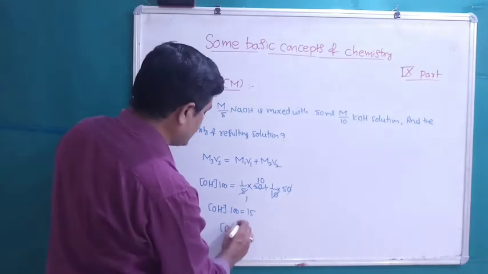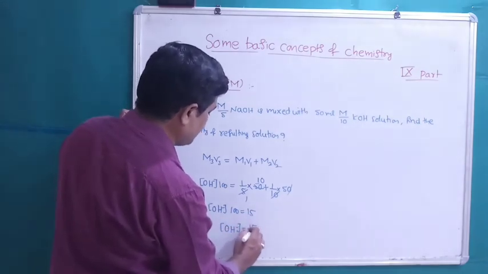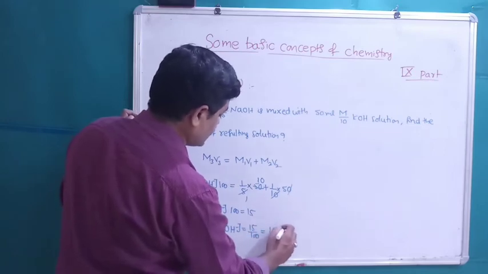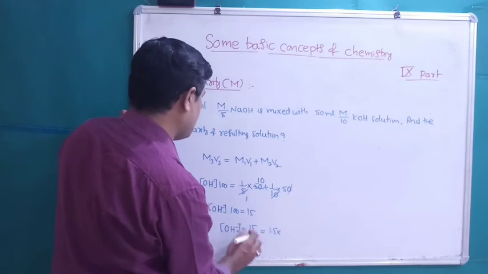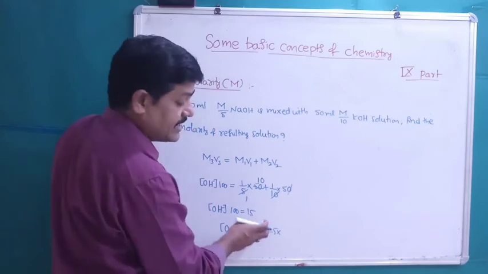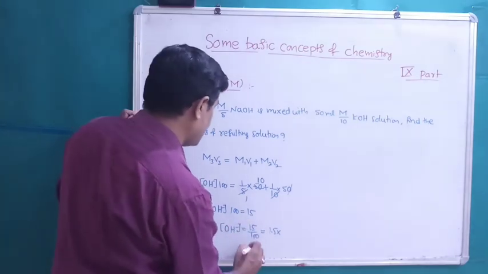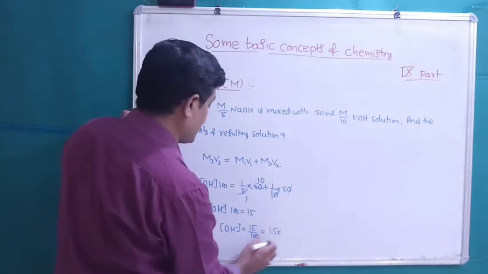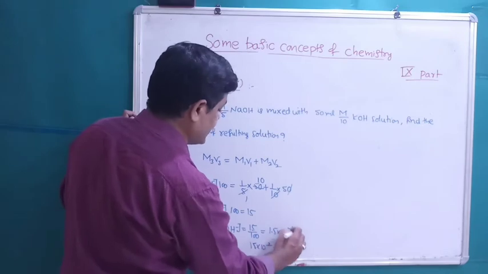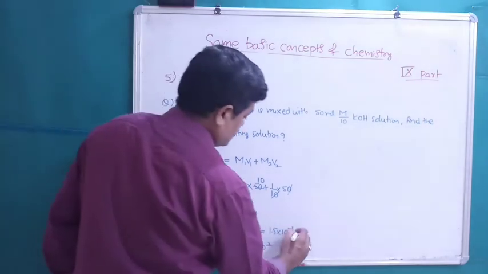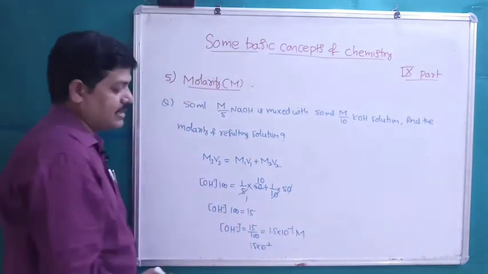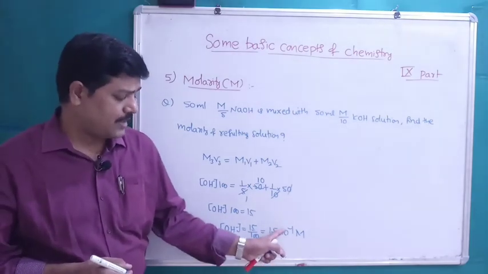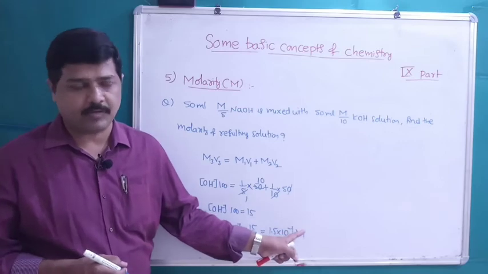So OH minus is equal to 15 divided by 100, which we can write as 15 into 10 power minus 2, or 1.5 into 10 power minus 1, right? So the OH minus ion concentration in the resultant solution is 1.5 into 10 power minus 5 molar.